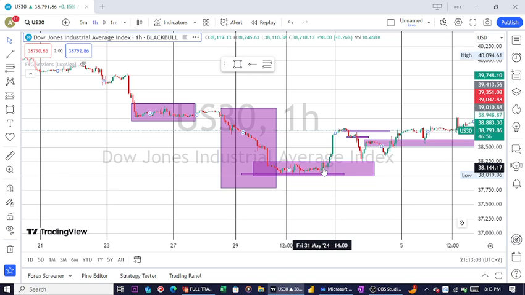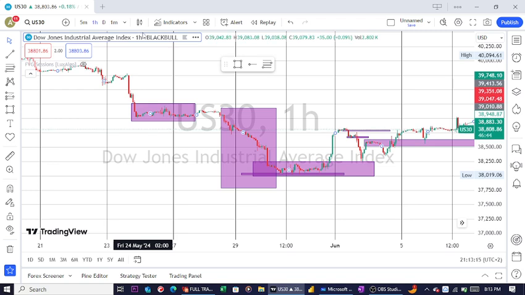That's why most times it's good to always make entries from your lower time frames. Because if you make entries from your lower time frames, it means that you'll be alert to see most of what will happen next.